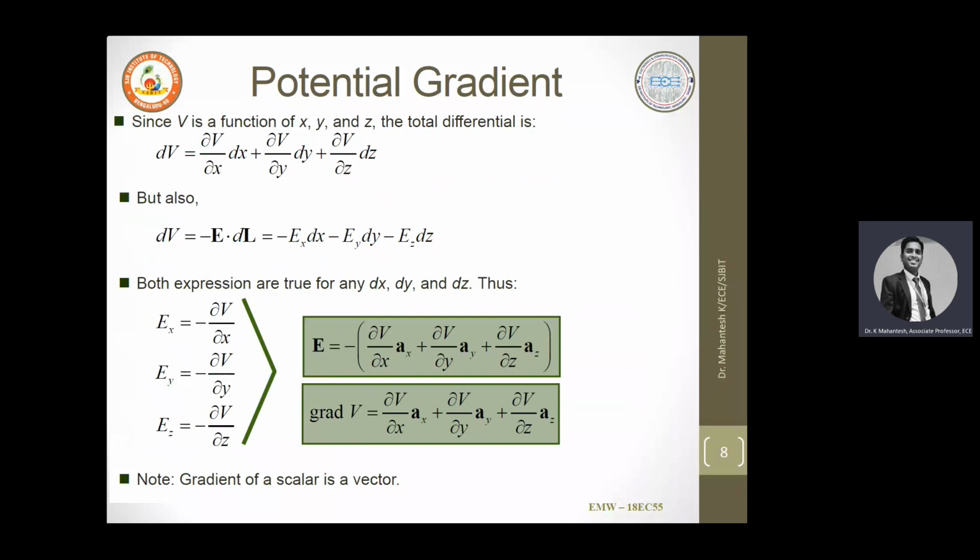Both expressions are true. Thus, grad V is equal to dou V by dou x ax plus dou V by dou y ay plus dou V by dou z az. The gradient of a scalar is a vector quantity.